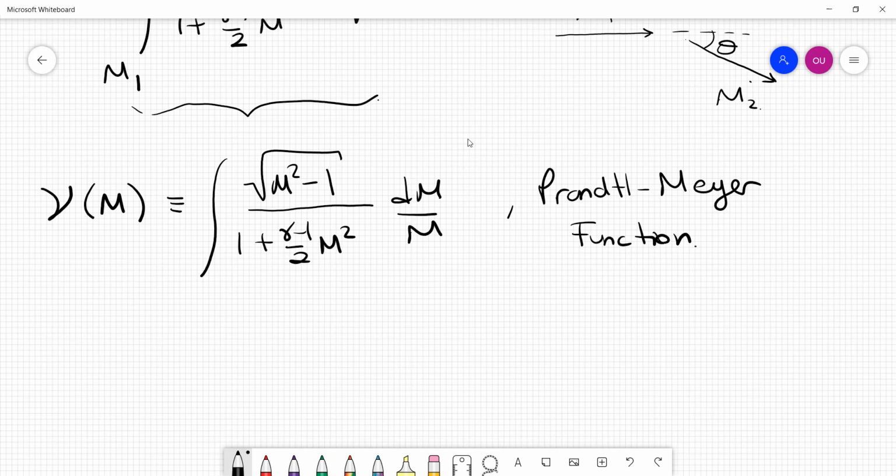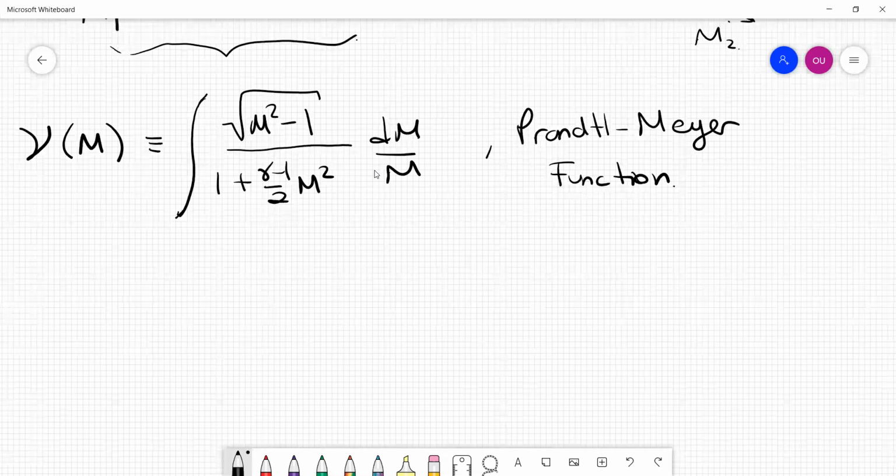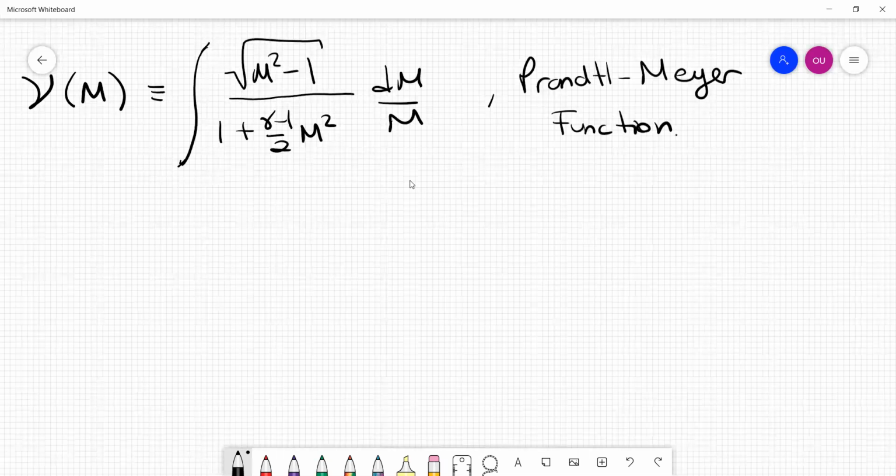Okay, the Prandtl-Meyer function. Well, what is this function? Of course, it involves the integration of this quantity with respect to Mach number. Not a very straightforward process, but with today's technology, you can go to MathCAD or the Wolfram website, and you can symbolically integrate this anyway.